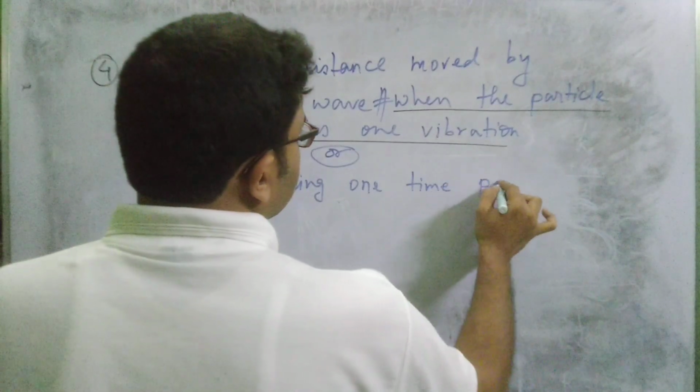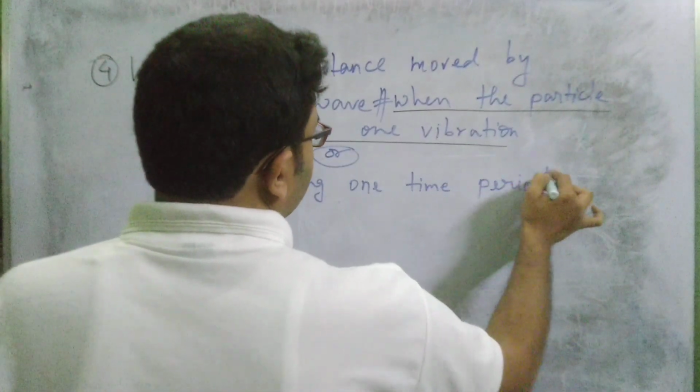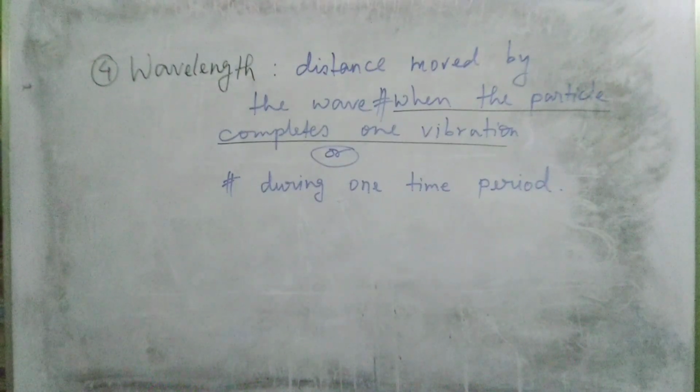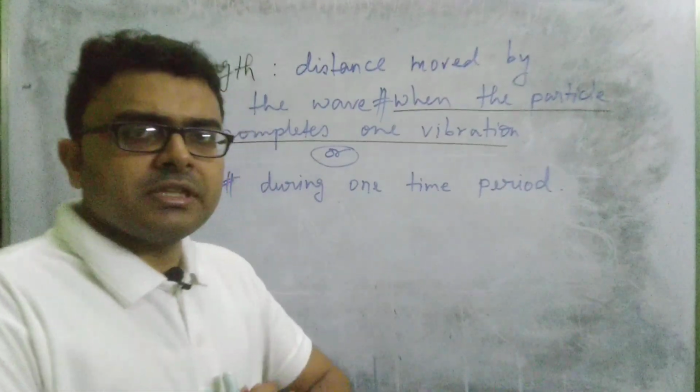So this can also be the wavelength. Okay, so do you understand? Wavelength is the distance moved by the wave when the particle completes one vibration. This is also true, and in other words you can also say that it is the distance moved by the wave during one time period. So this is the wavelength.